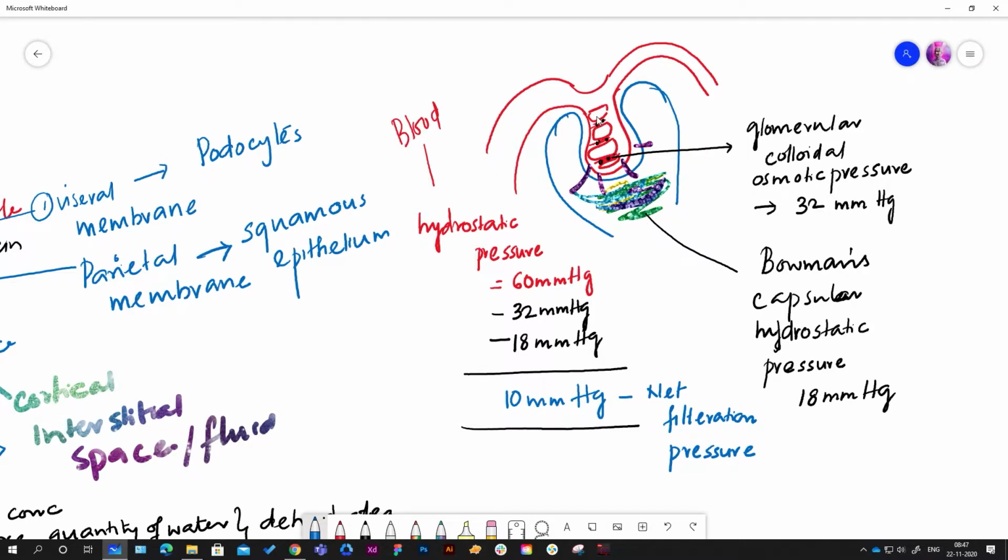Blood is actually coming with very high pressure, and these two factors are reducing the pressure. Even in spite of that, the blood is entering into the Bowman's capsule. Why it is happening is because there are holes in the glomerular capillaries, and there are also holes in the visceral layer of the Bowman's capsule. We will look at that now.